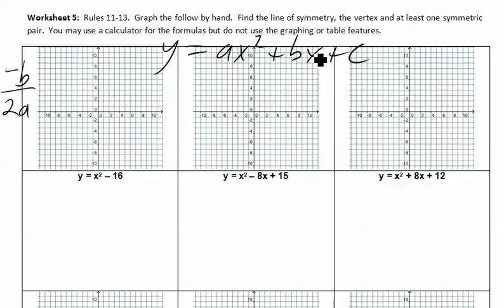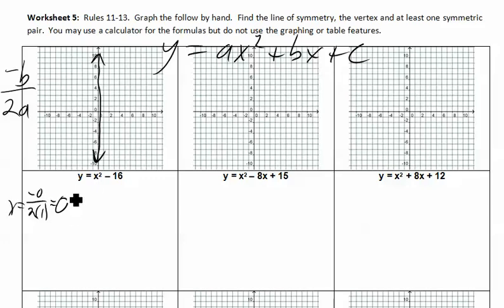Since there is no x term on this one, b is 0, which makes this real simple, because negative 0 over anything, 2 times 1, because what's in front of x squared is 1, is still just 0. So our line of symmetry is going to be x equals 0, which means it's going to go straight down the y-axis. Okay, that's our line of symmetry.